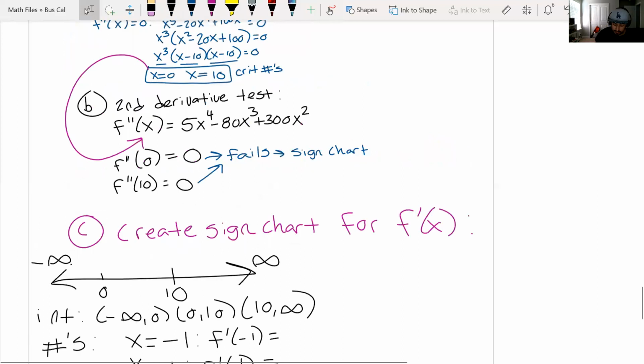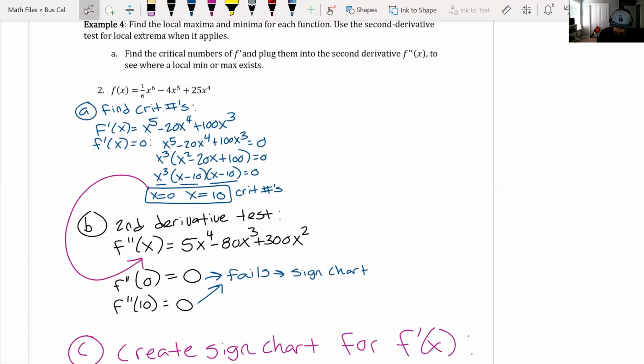Which means let me go back up to find my first derivative. x to the fifth minus 20x to the fourth plus 100x cubed.